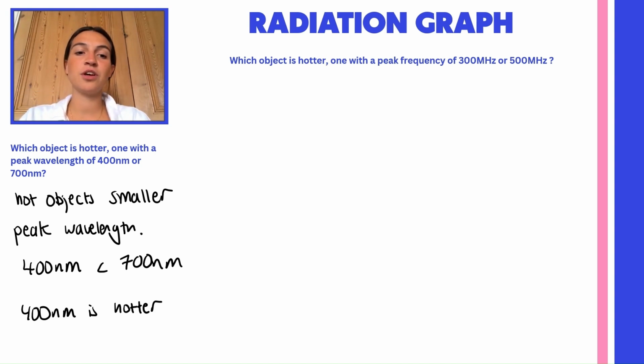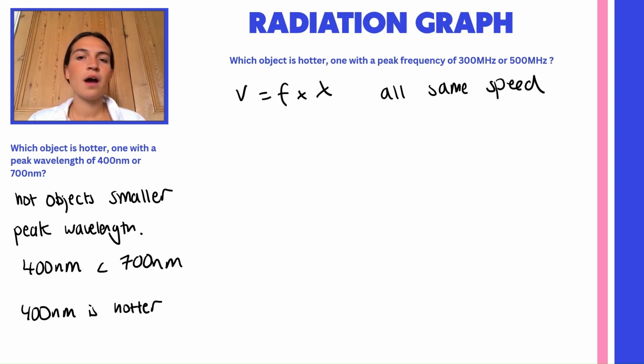Okay, question number 2. Which object is hotter, one with a peak frequency of 300 megahertz or 500 megahertz? Now in order to answer this question, we need to know with these two frequencies which one actually has the shorter wavelength. To decide that, I need to think about this equation that we did in waves earlier. My wave speed v is frequency times wavelength.